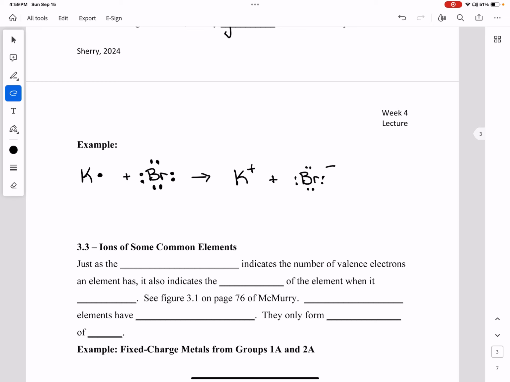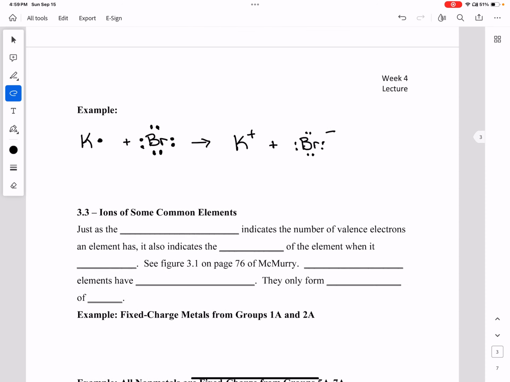Okay, so potassium has downgraded, and bromine has filled its outer shell.